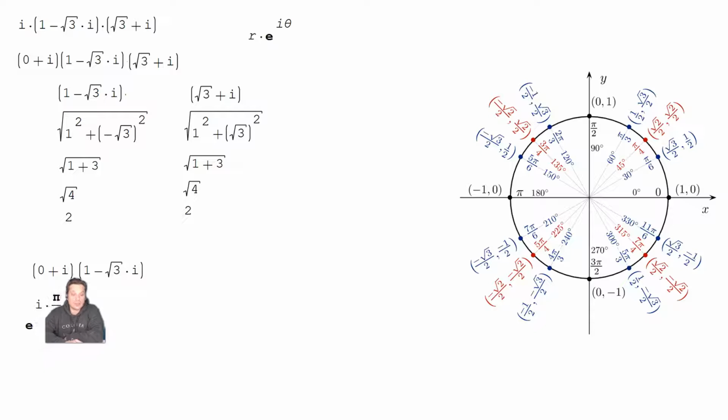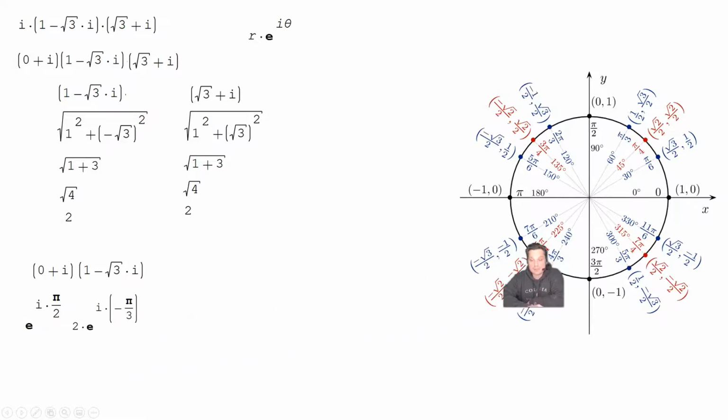Let's handle 1 minus root 3 i. That's not so obvious; that requires more work. It's going to look like 2 times e. That 2 is the value of r, which multiplies e, from the Pythagorean theorem. So I have 2 times e to the i, negative pi over 3. Where's that negative pi over 3 coming from?